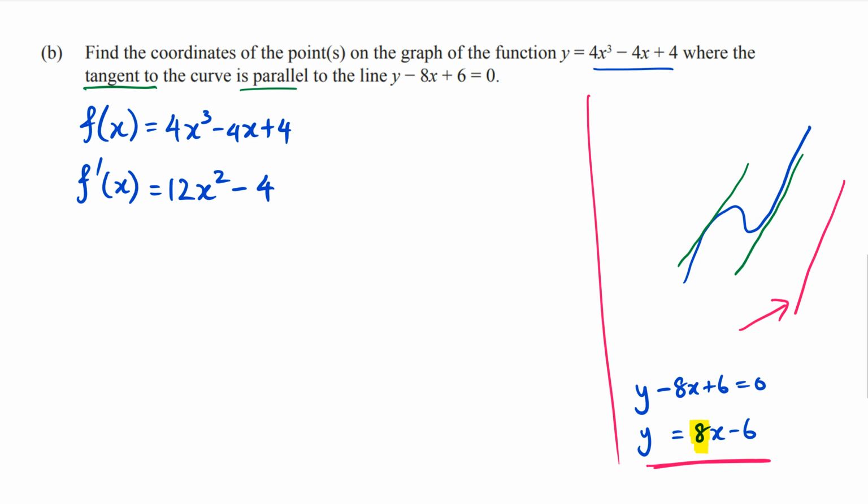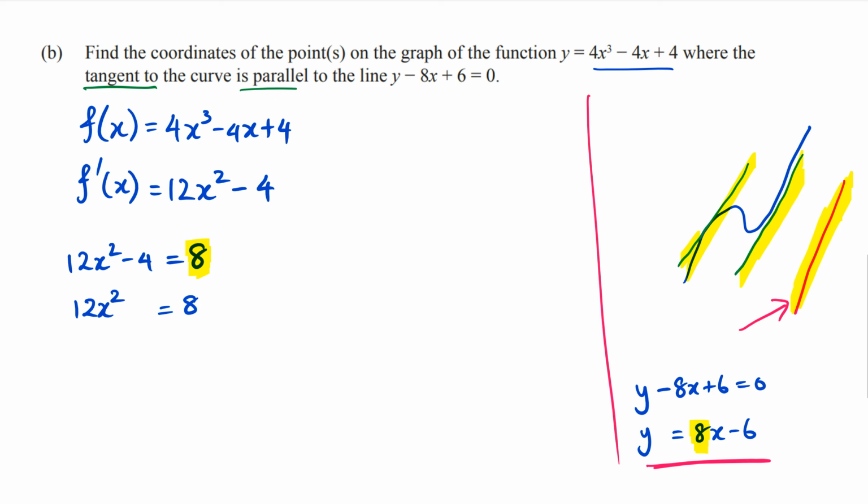So we're going to put down 12x squared minus 4 equals 8. And if you're wondering where the 8 came from, 8 is the gradient of this line here. These tangents are also going to have a gradient of 8 because they are parallel lines. So carrying on, we're going to figure out what the x value is.